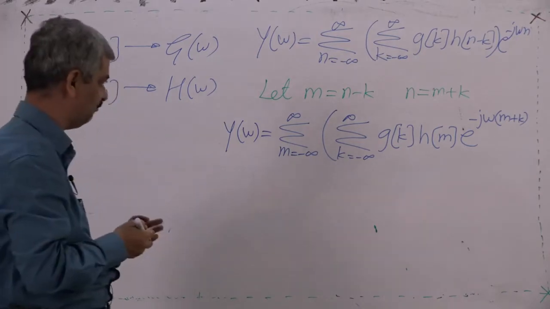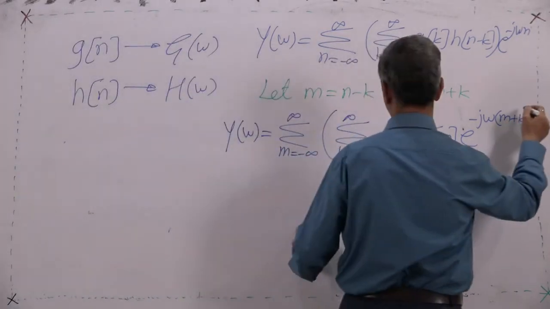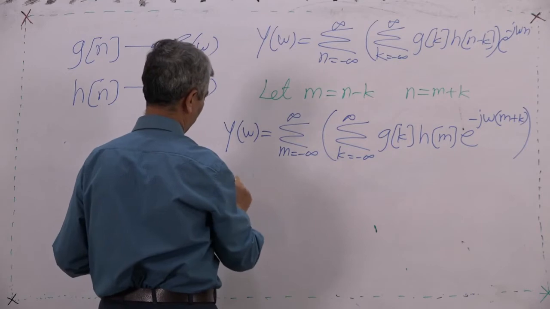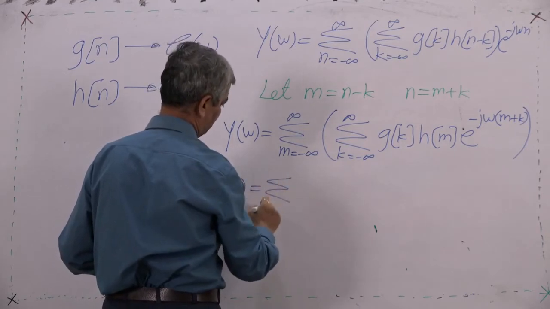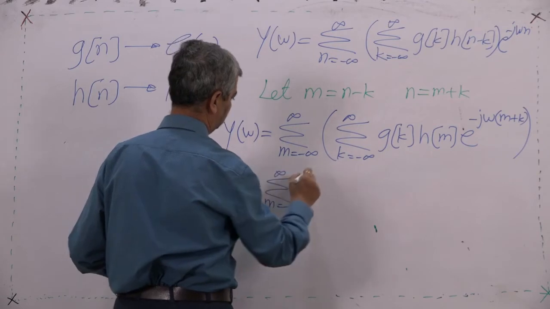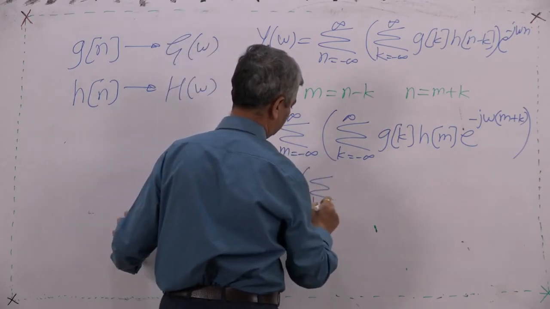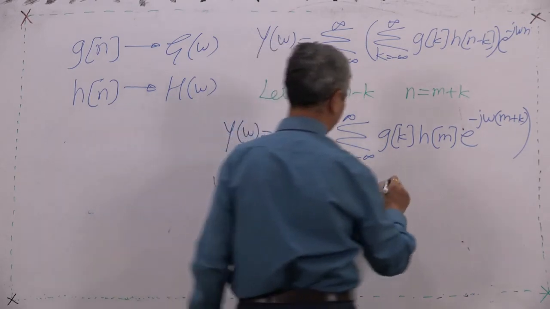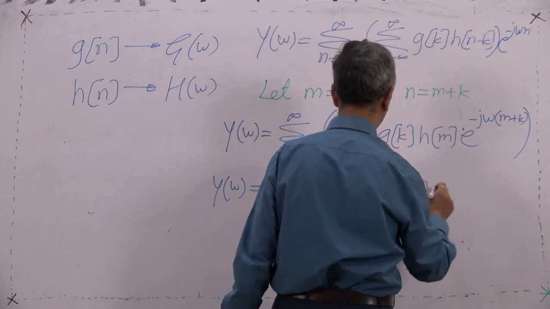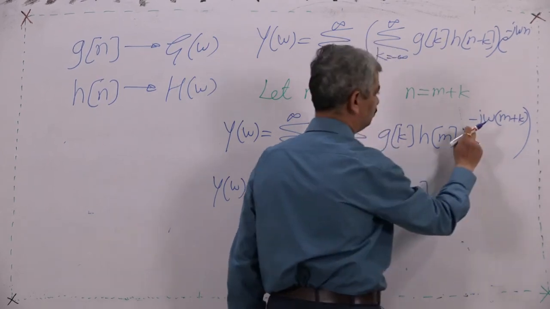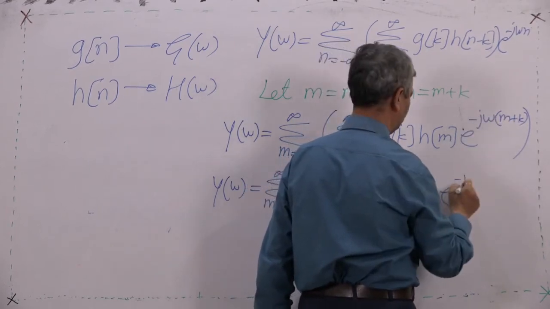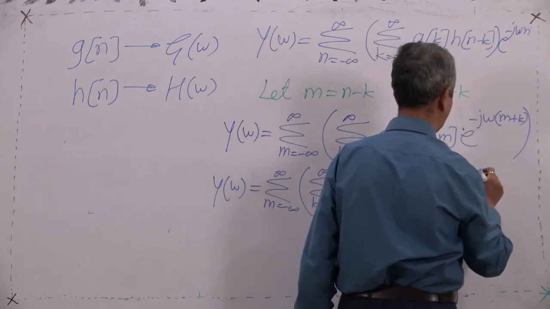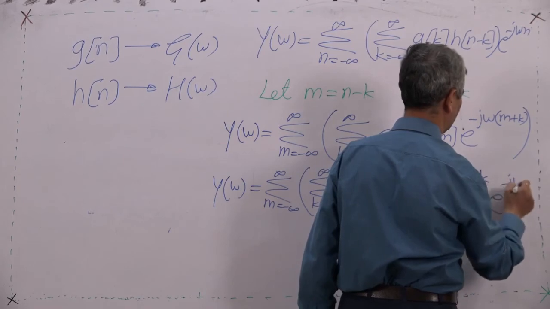So we go step by step, we do not rush around. This is summation. So what I write again, we go in a patient way: e raised to minus j omega m, or minus j omega k into minus j omega m, either way.